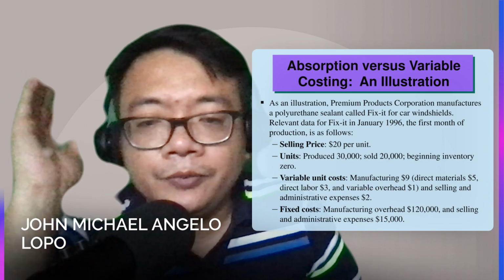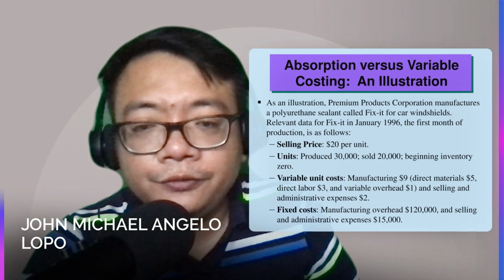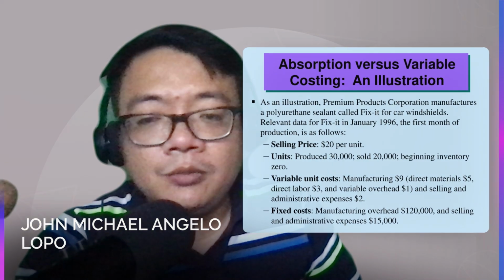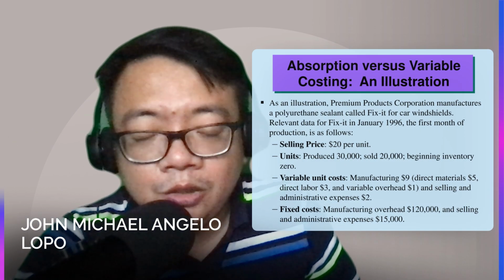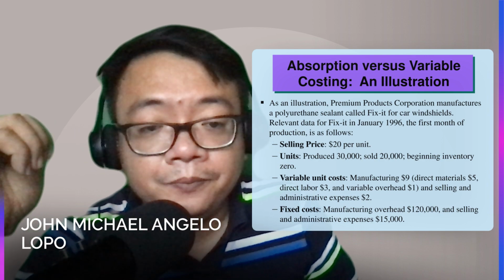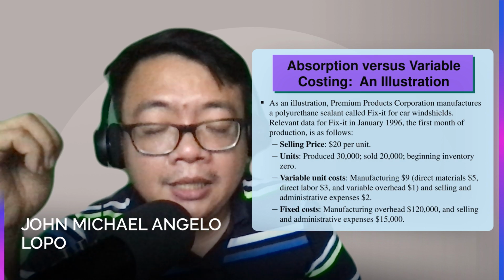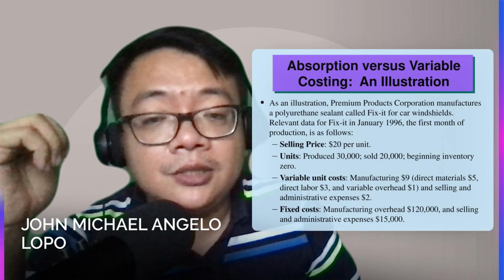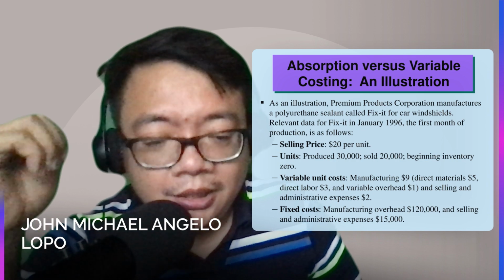If you notice, class, that you have produce of, second bullet, you have produce of 30 and unit sold is 20. Meaning, mas malaki ang unit produce sa unit sold. If mas malaki ang unit produce sa unit sold, the income for your absorption costing is bigger than the variable cost.